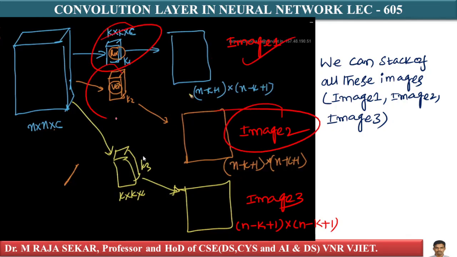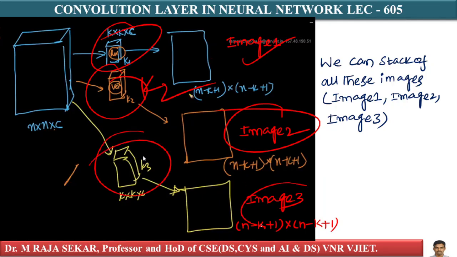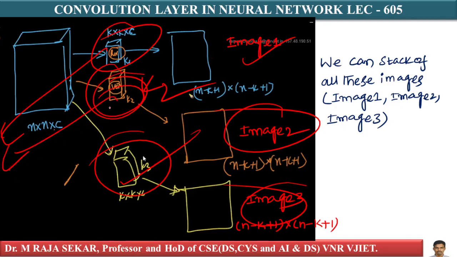Here I am getting image 2 using kernel K2, and image 3 using kernel K3. This kernel may be something like a Sobel horizontal edge detector, this one a Sobel vertical edge detector, and this kernel may detect an edge at 45 degrees.